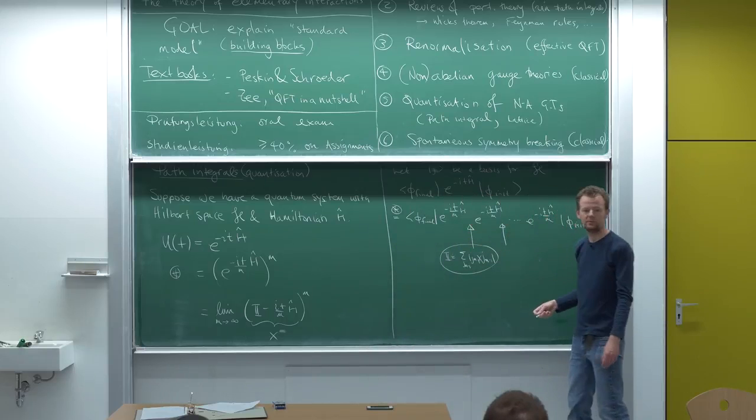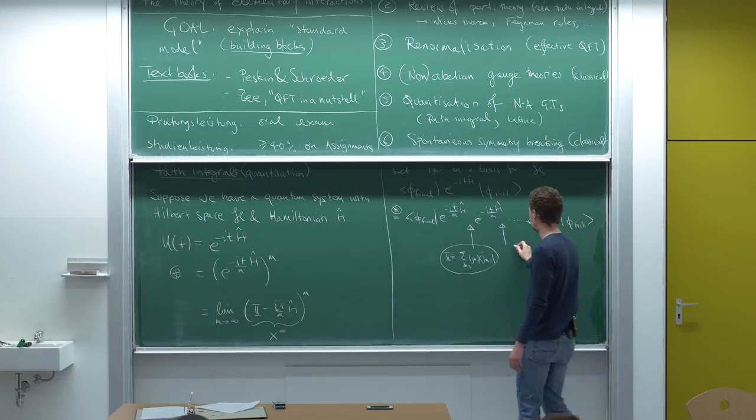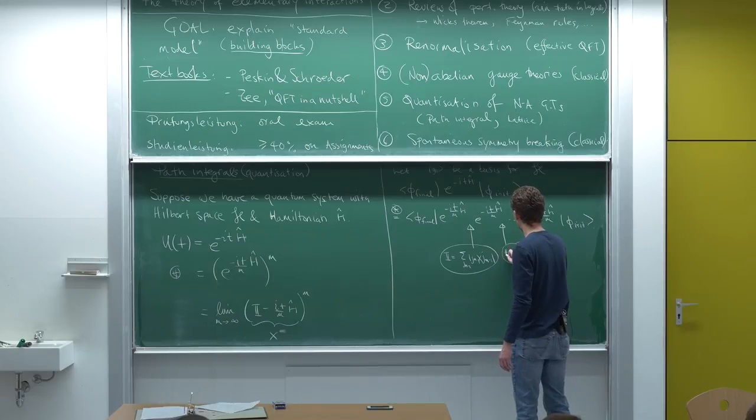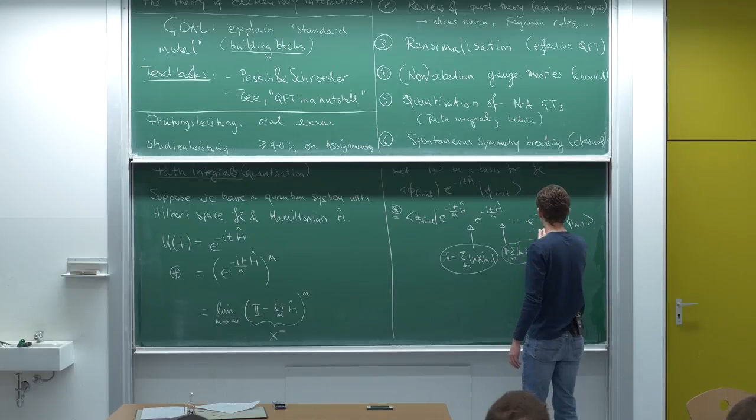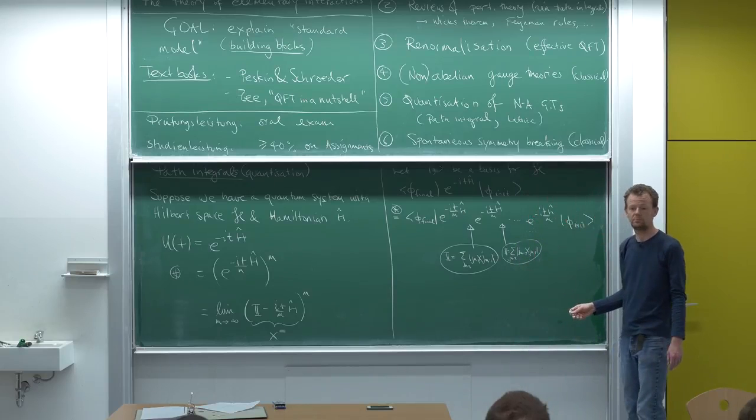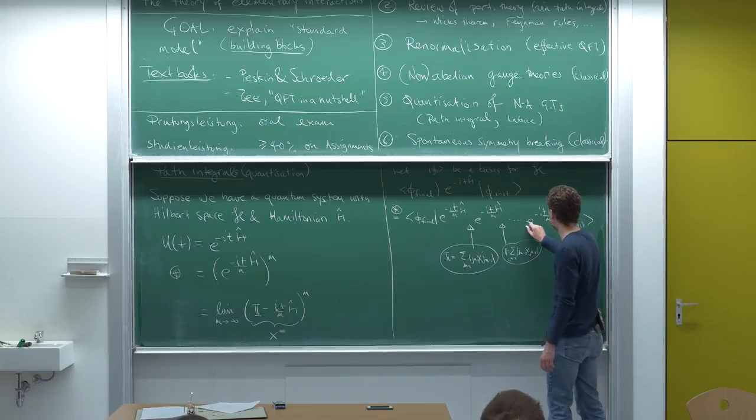That identity gets put between these two exponentials here. We have another completeness relation here. And we do that all along this product of m terms.